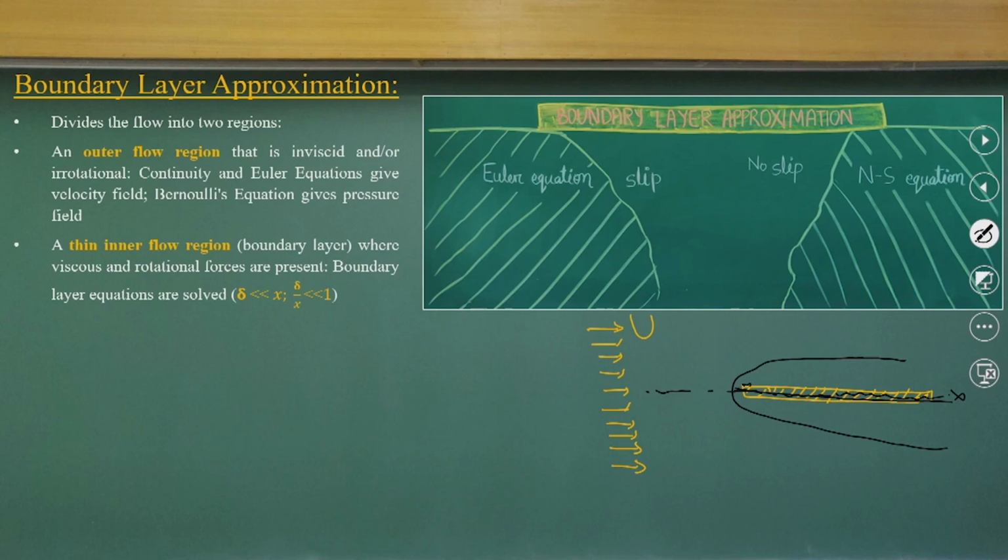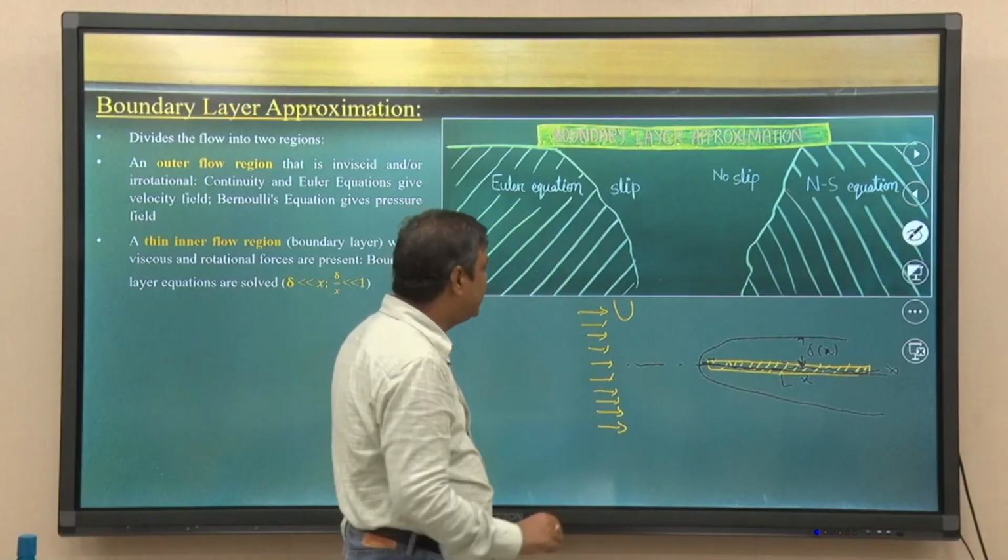I know the velocity is 0 at the plate, and I have this x, the x direction, and L is the length of the plate. This is my boundary layer thickness, delta x, which varies along x. How do we define it?